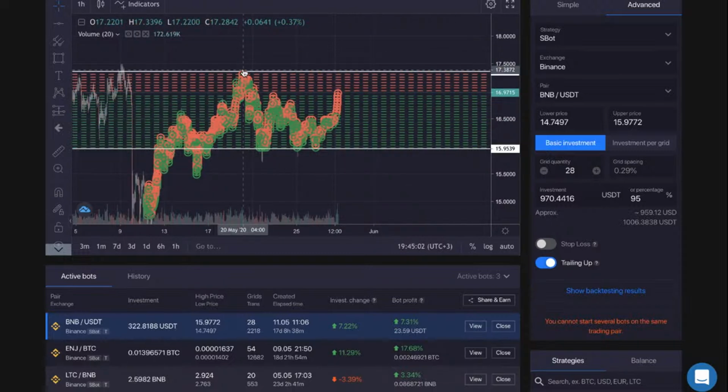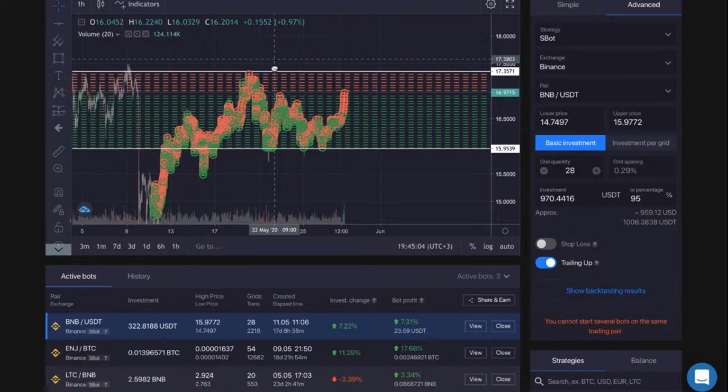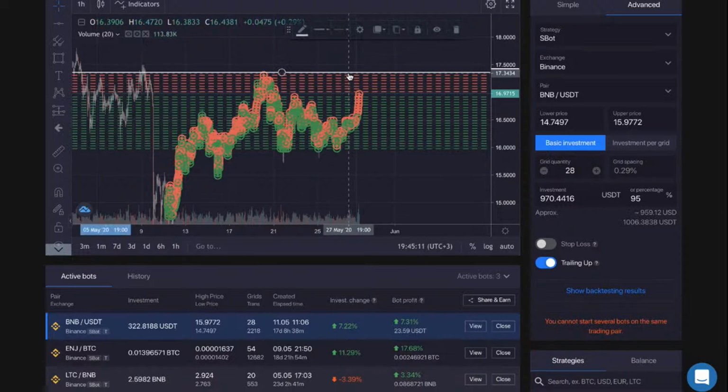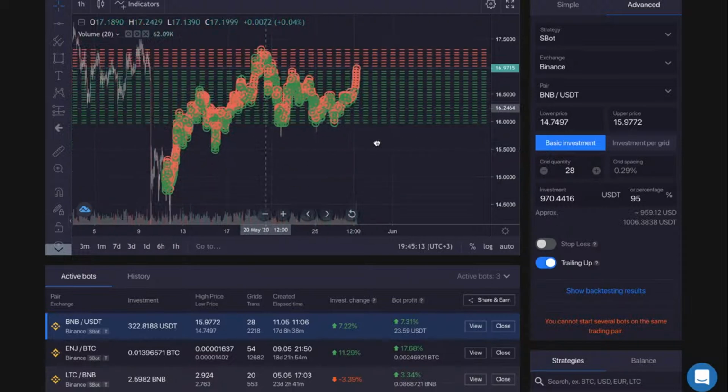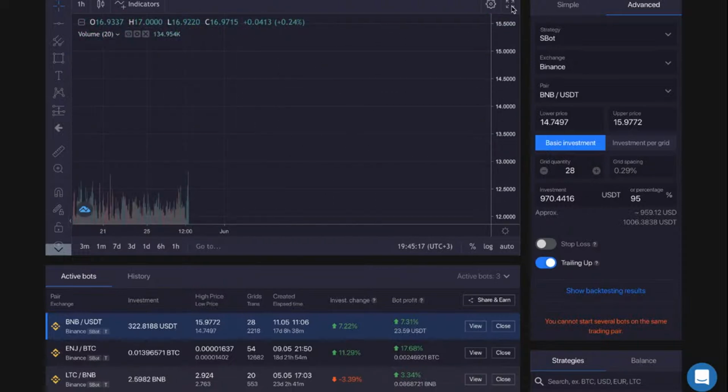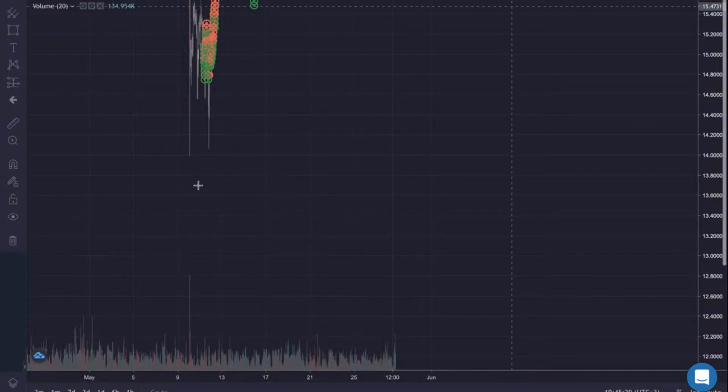So it is defined by the resistance level right here and the support level right here. That's perfect. And let me further elaborate this trailing up function for you. Let's use the drawing tool, and yeah, for some reason it's lagging a little bit.